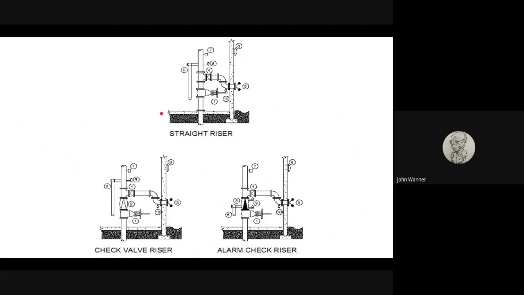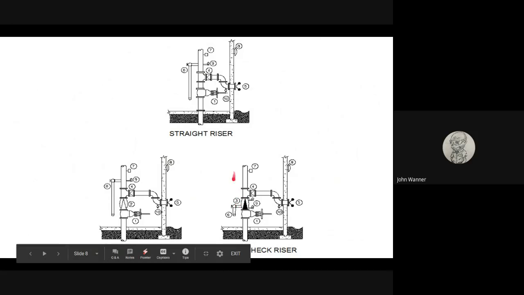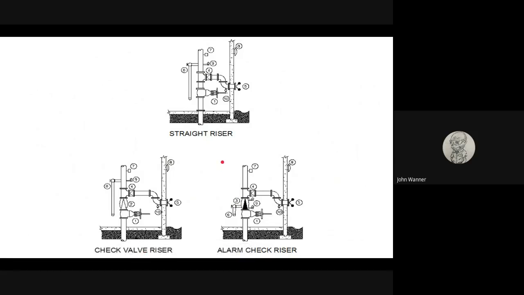So depending on the plan, what room you're in and what part of a building you're in is which one you want to put, because it would have different ones in different places. You could come to it, look, and number 1 attaches to number 7, attaches to number 9, attaches to number 6. And it just gives you a general way of how these things are put together and what the differences are. And there's a little bleed off valve here in the alarm one that the other two don't have.